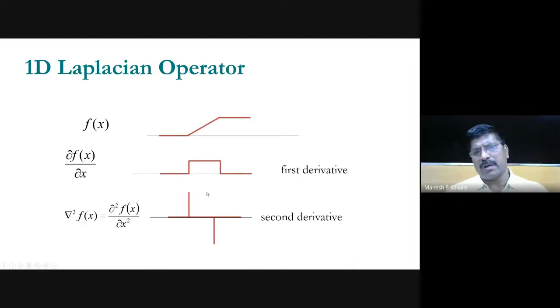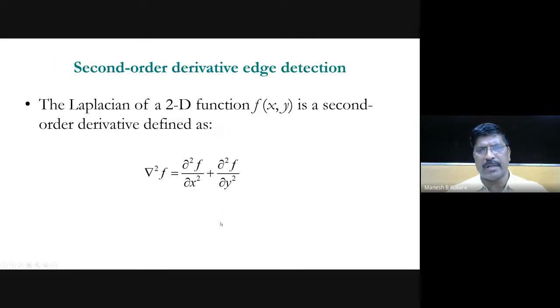Same thing here. If a one dimensional Laplacian operator is there, you get the first derivative like this, and the second derivative like this. For a two-dimensional function, you have to take the second derivative in the x direction as well as the second derivative in the y direction.